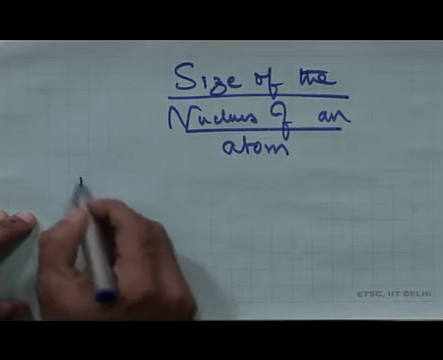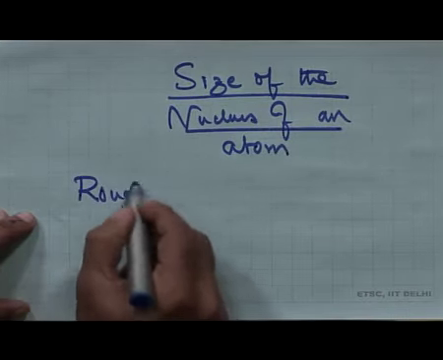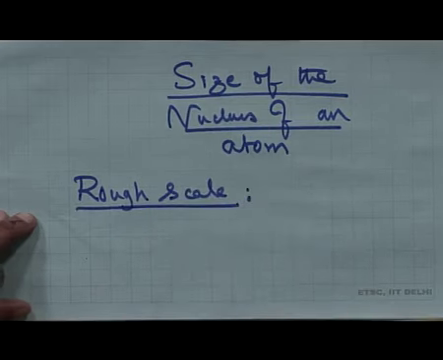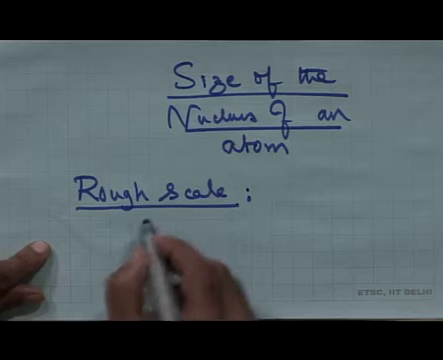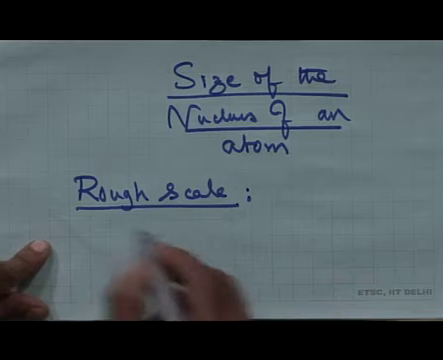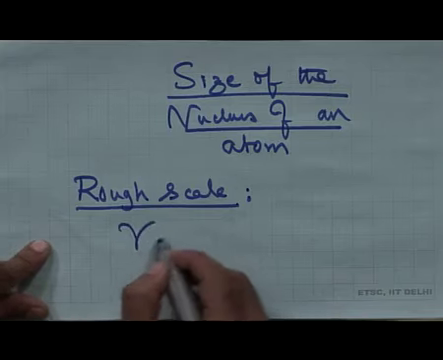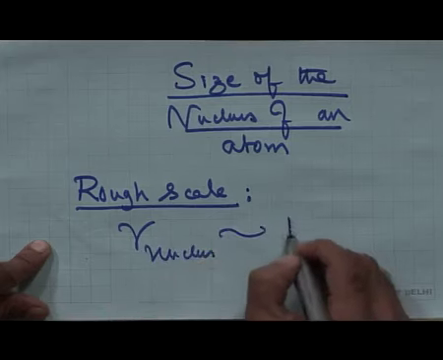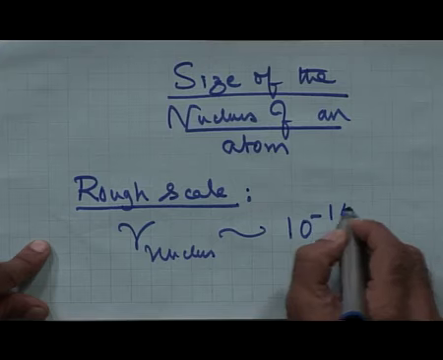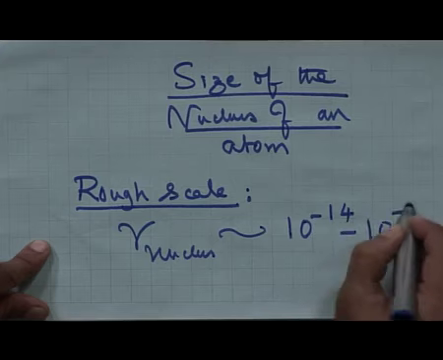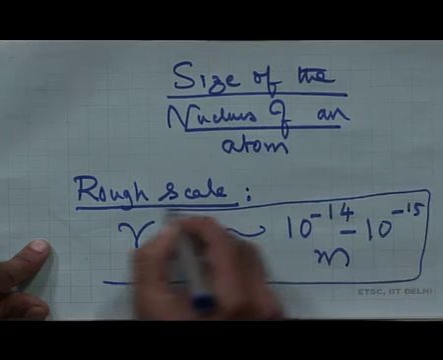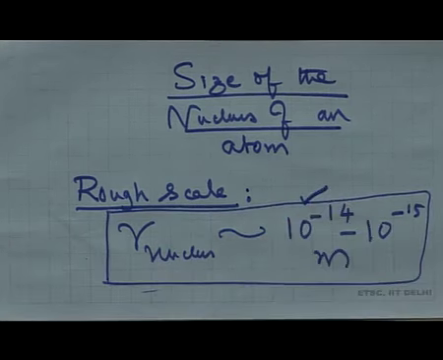So, first comes the rough scale. From the Rutherford experiment, let us say. So, if I look at the volume or the radius, it really does not matter. The radius of the nucleus is of the order of 10 to the power of minus 14 to 10 to the power of minus 15 meter. So, that is what I have.